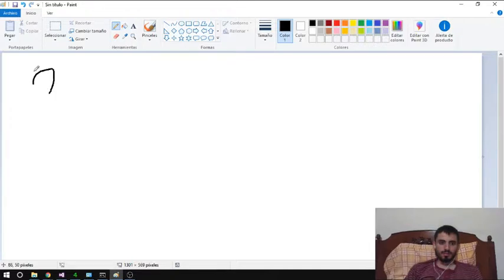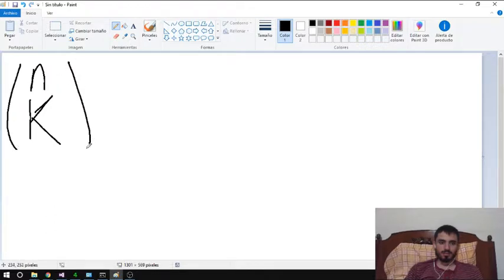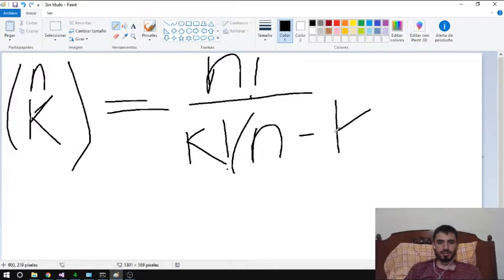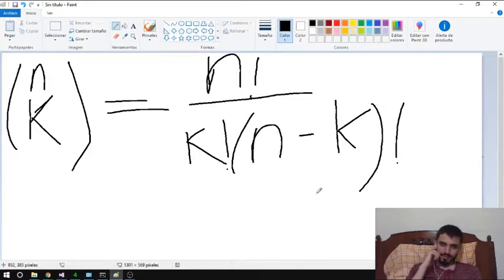We have n and k, which means n factorial over k factorial times (n minus k) factorial.